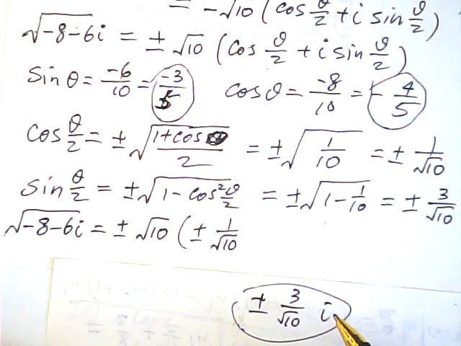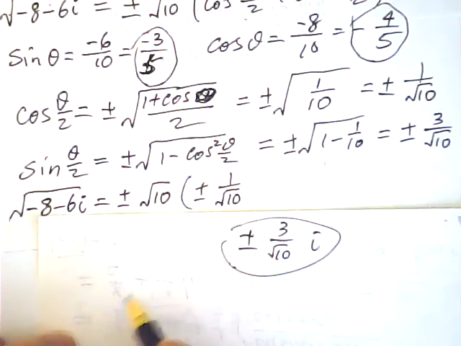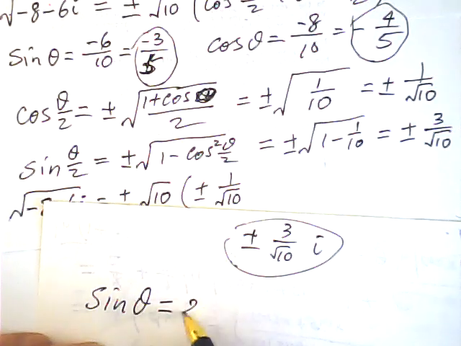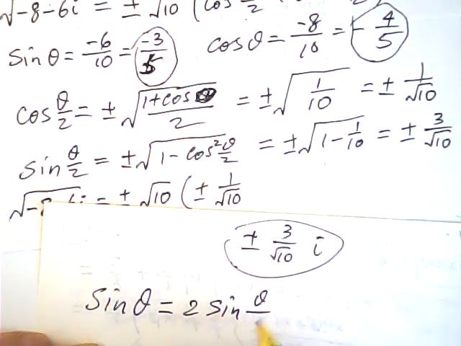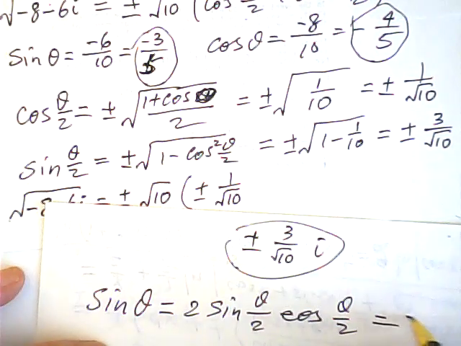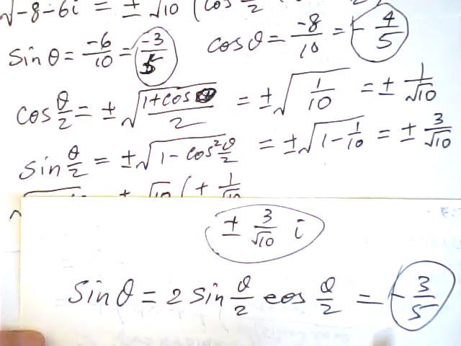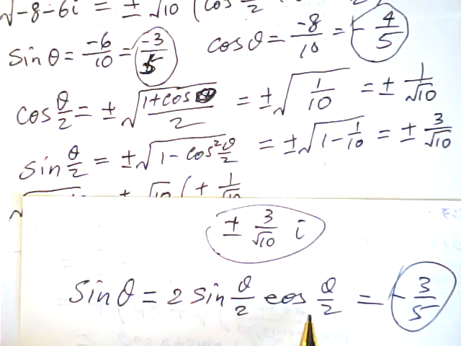Because sine theta is equal to 2 sine half theta cosine half theta. Sine theta is negative 3/5. It means that sine and cosine must be opposite signs because the product is negative.